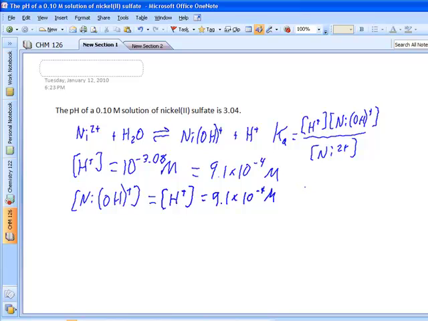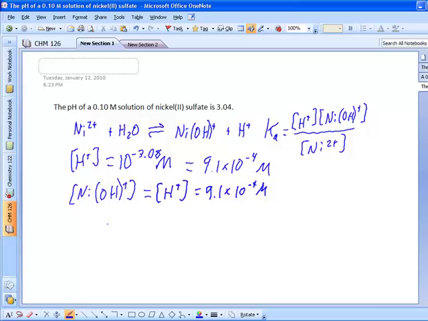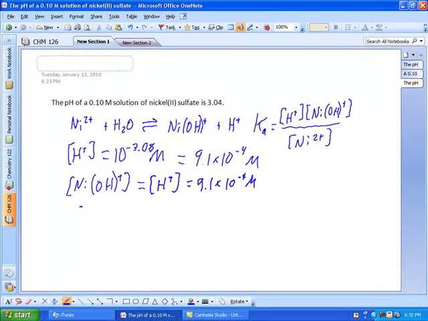For the purposes of solving our Ka, the only thing we have to figure out at this point is the concentration of the nickel(II) ion. We can say that the concentration of nickel(II) ion is the remainder, what has not hydrolyzed. So we're simply going to subtract the concentration of the hydrolyzed portion from the original concentration.